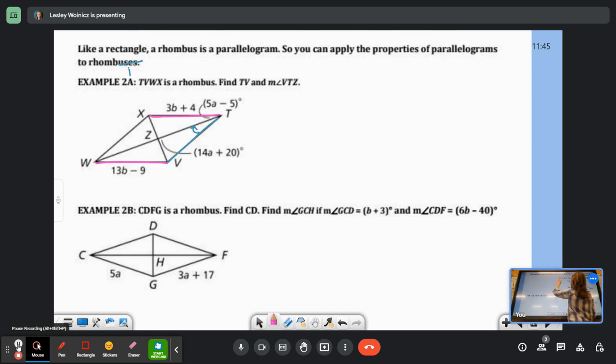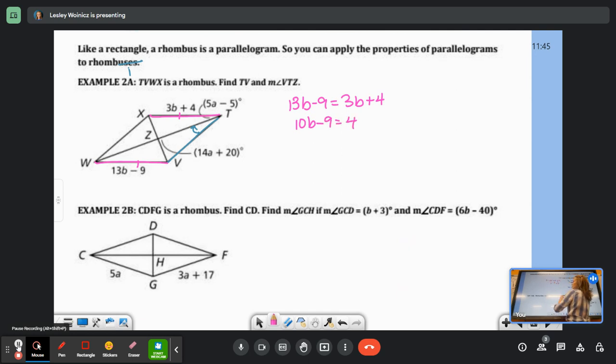So I can write the equation 13b minus 9 equals 3b plus 4. Now I can subtract away my 3b from both sides and get 10b minus 9 equals 4.